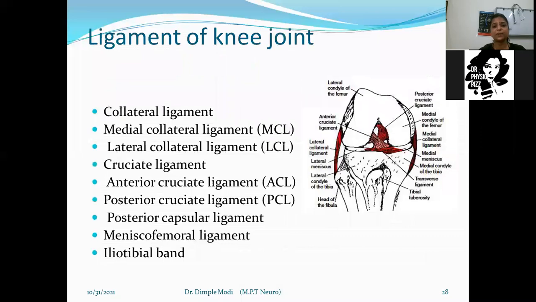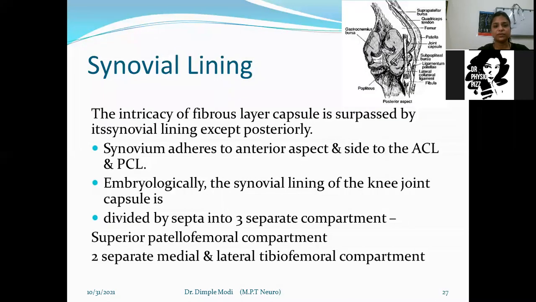So what are the ligaments of the knee joint? Let me explain a little bit about the synovial lining also. As I already told you, the synovial lining is important, it gives lubrication and provides nutrition to avascular structures such as the meniscus, which, as I told you, in the middle is not getting the supply, peripherally it is getting the supply.